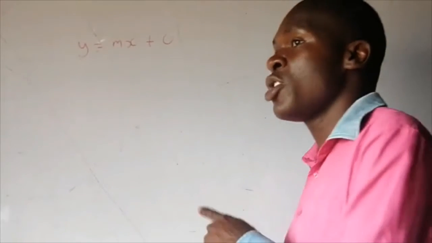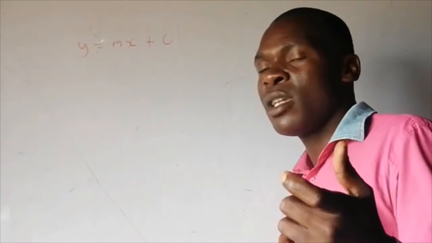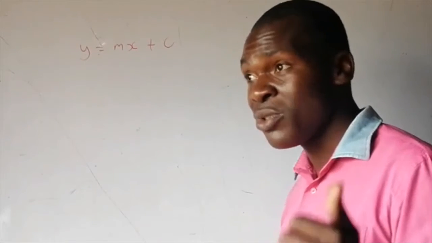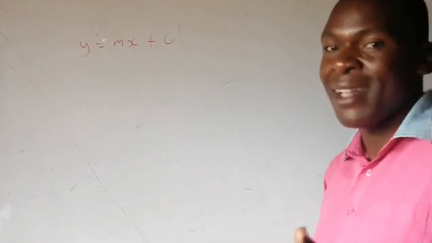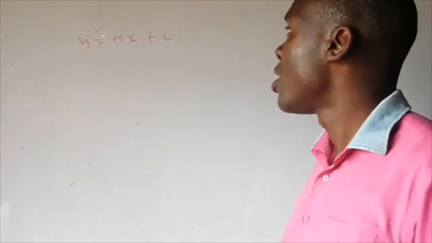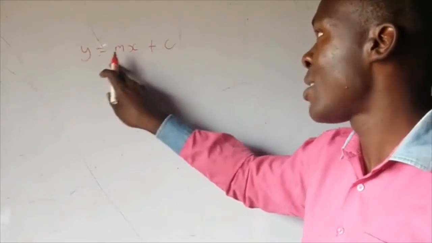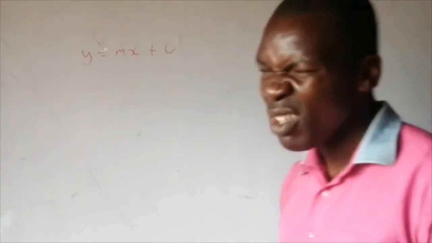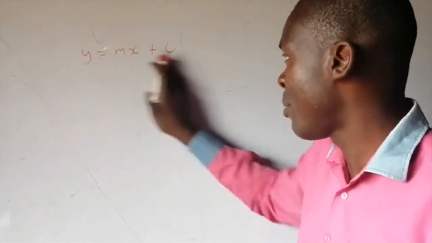The reason why I'm teaching you this now is because when we do quadratic graphs, the next lesson, you will see that there are some questions which require us to draw straight lines which are in this form, y is equal to mx plus c. In this case, don't be confused by this equation, I mean.